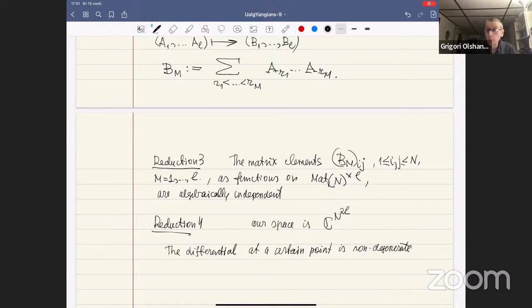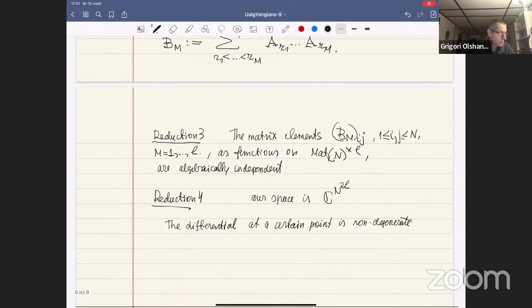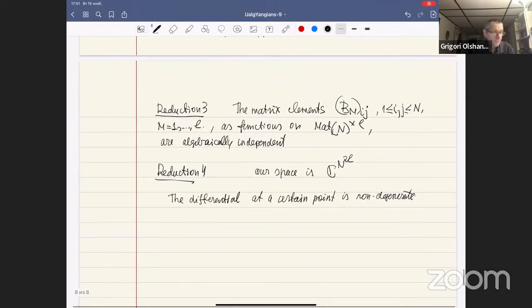At a certain point. And what is the point? If it's true at one point, it's also true almost everywhere. But it's enough for us to exhibit a single point. So we take a special point, which consists of scalar matrices.